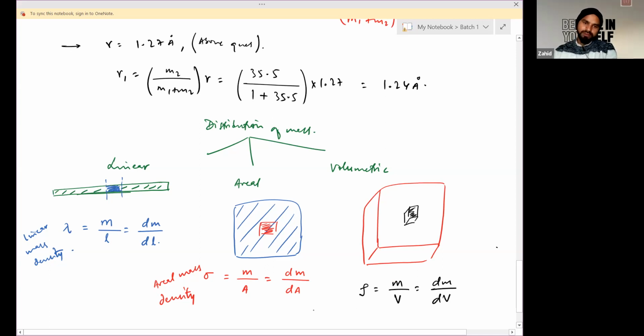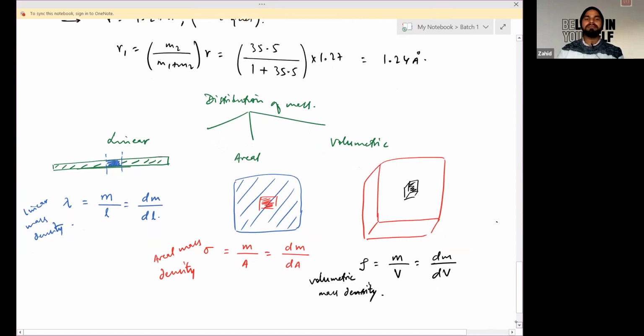So this rho will be termed volumetric mass density. Eba, is it clear? Yes, sir.